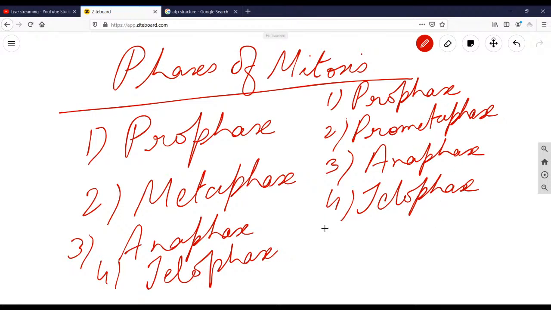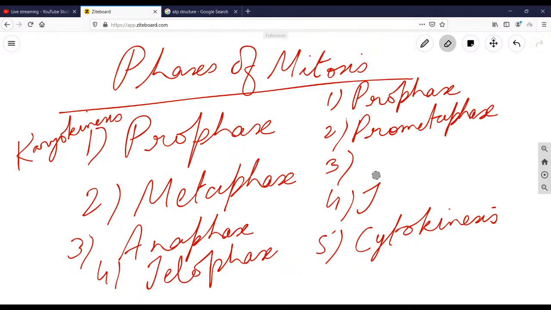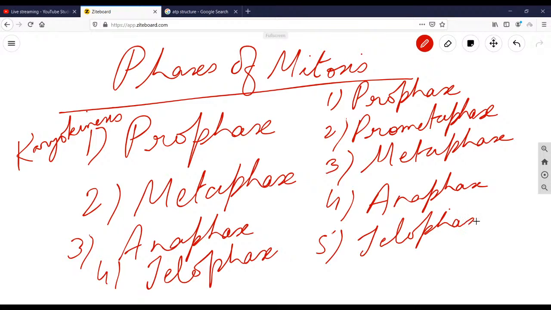After this, nuclear division would happen, which is known as karyokinesis. Then after that, we will have cytokinesis also. Sixth will be cytokinesis.